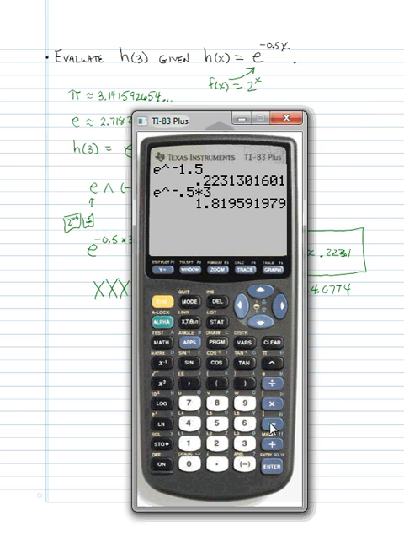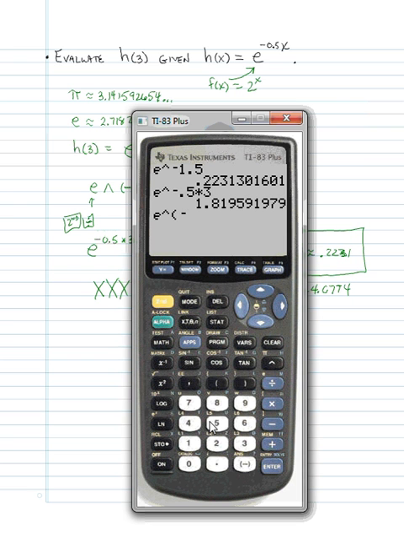The correct way to do this: second division gives me my e, then we put our exponentiation key, and we want to show the calculator what our exponent is going to be, and our exponent is actually a calculation. So we put parentheses, and what goes inside the parentheses is our calculation for the exponent.